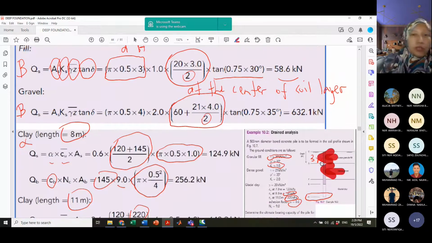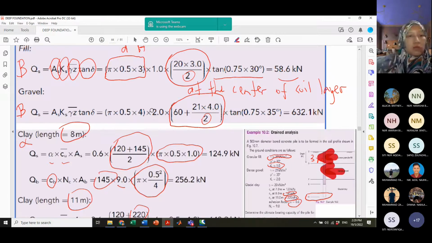So now the depth is 3 meter. Where does 3 come from? 3 minus 0. Then the overburden pressure we estimate at the mid center of the 3 meter. So 20 is the unit weight of the soil times the height of the layer, 3 meter, divided by 2. Tangent 0.75 times 30 degrees.